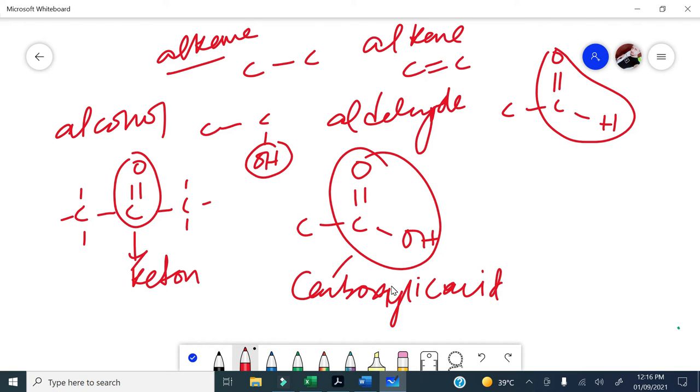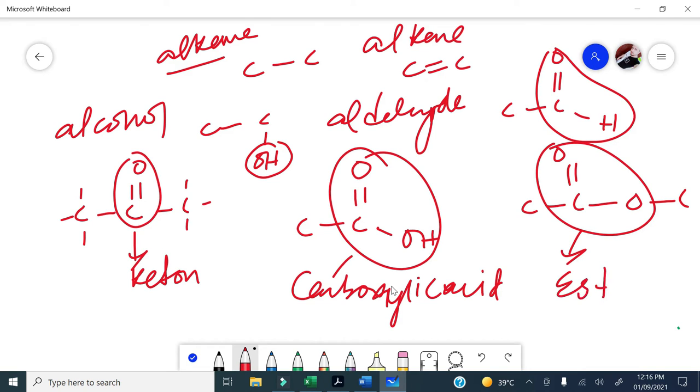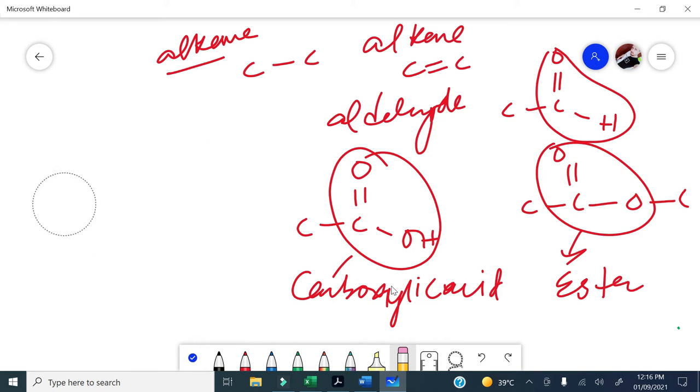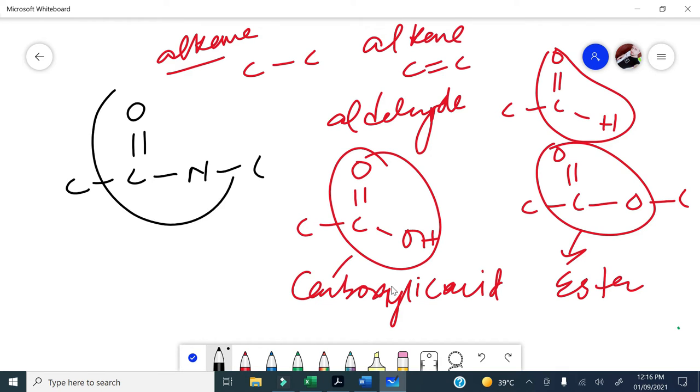And we have an ester group, which is C with O and C. This is an ester group. And if I move on from the ester group, this is now C, and C double bond O with an N connected to C. This is an amide group.